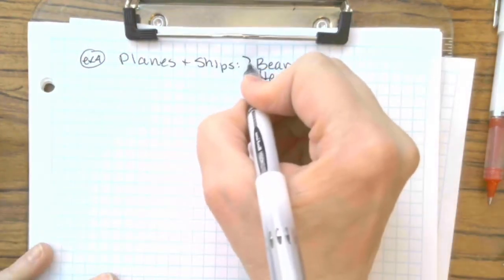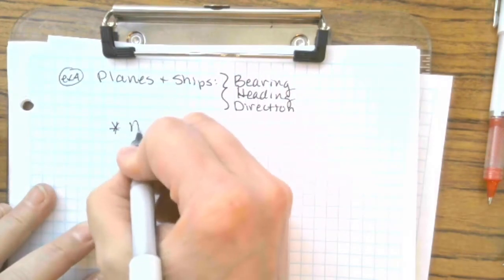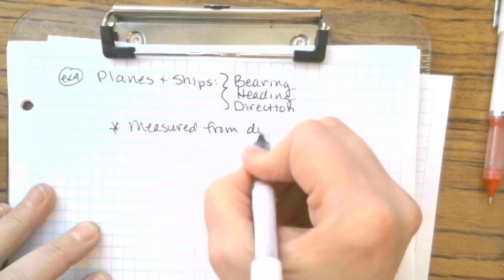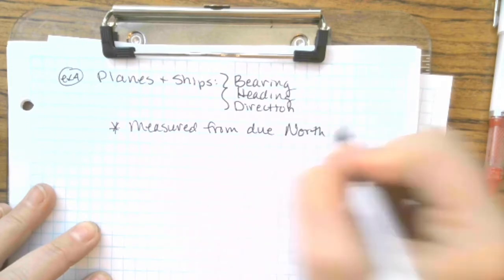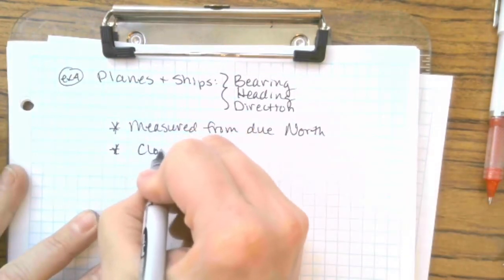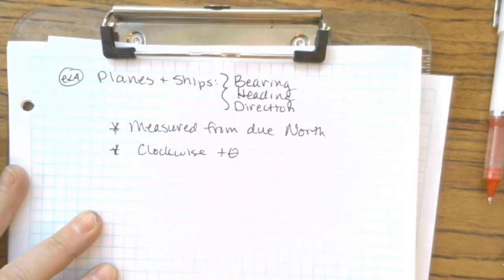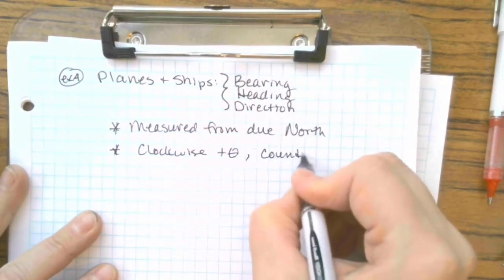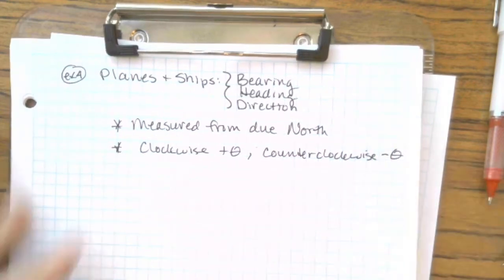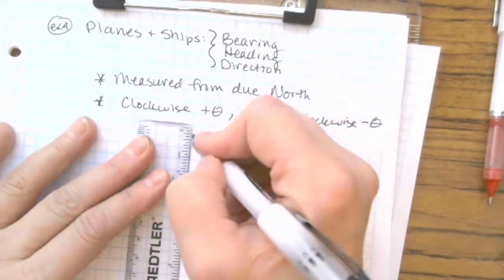They all basically mean the same thing, and these are measured from due north, and from north clockwise are positive angles, and counterclockwise are negative angles. Okay, so let's draw a pair of axes.